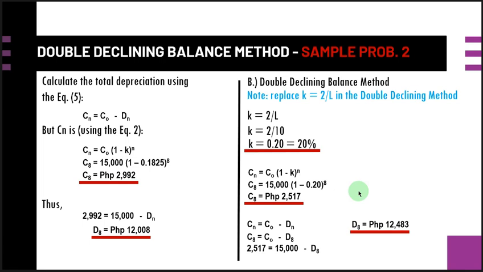The second one is the sinking fund method, and the third and the fourth one are the declining balance method and the double declining balance method. So in our next lecture we are going to use the sum of the years digit depreciation method.